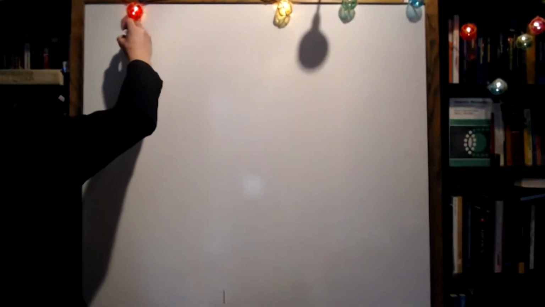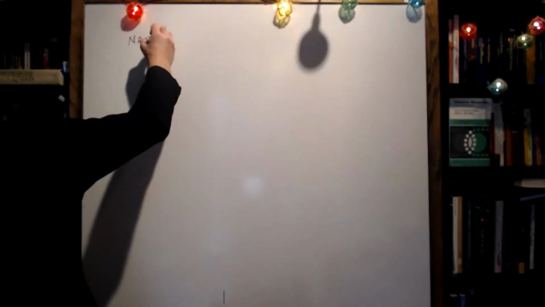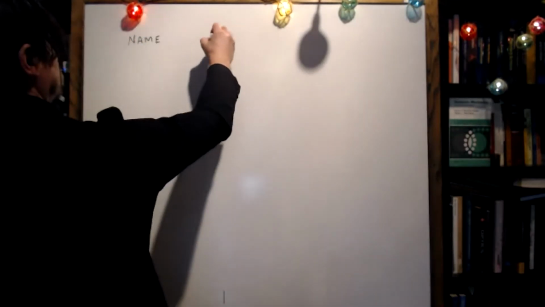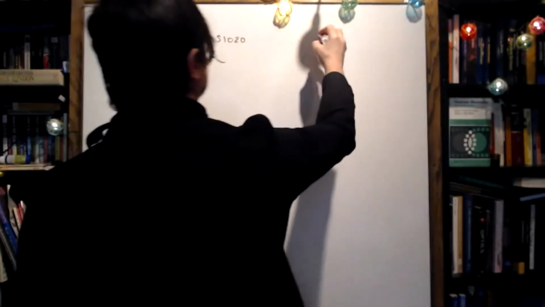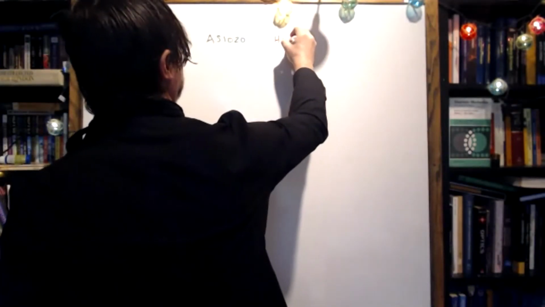Okay. All right. So let's do all the usual good stuff that we do when we do our homework. Speaker view. Let's get our names on that page. Let's write down AS1020 and your section on that. This is homework number 10.